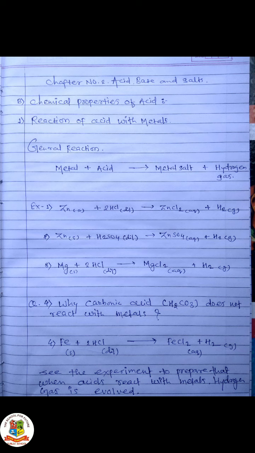The general reaction is written in front of you. Whenever metal reacts with acid, it gives metal salt plus hydrogen gas. Keep in your mind, this is the general reaction.